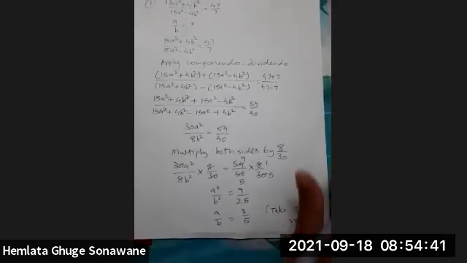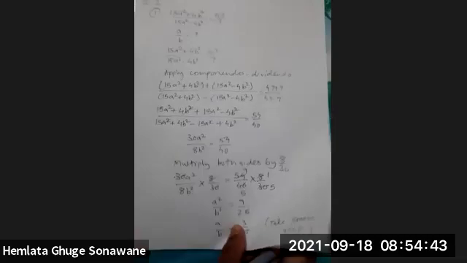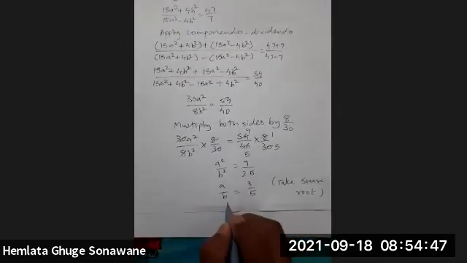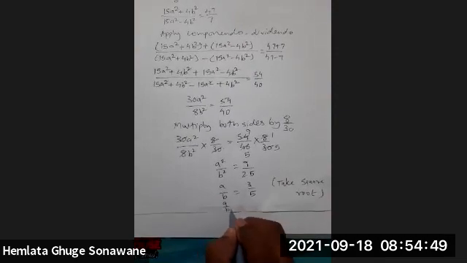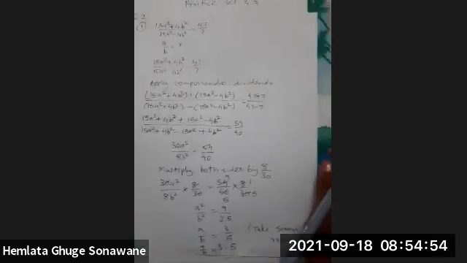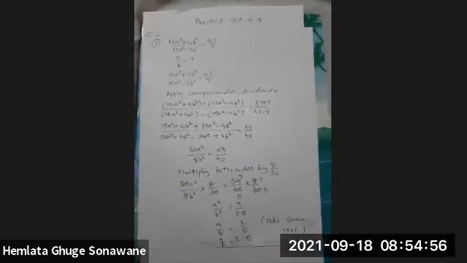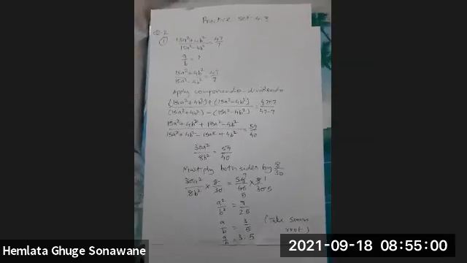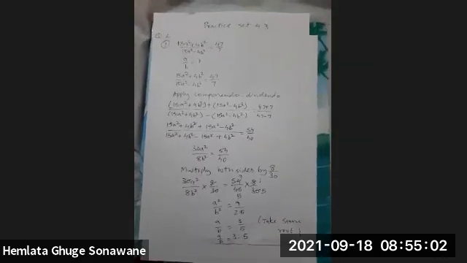That is the ratio. A upon b is equal to 3 is to 5. Just go through this. If you want, you can write down in your notebook.